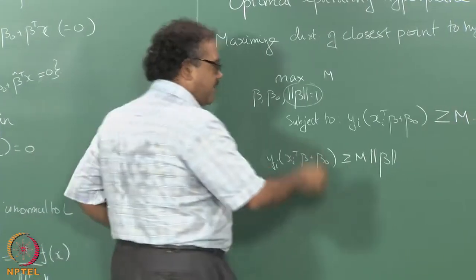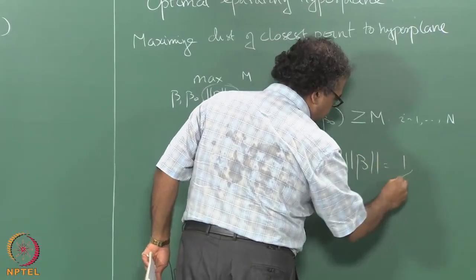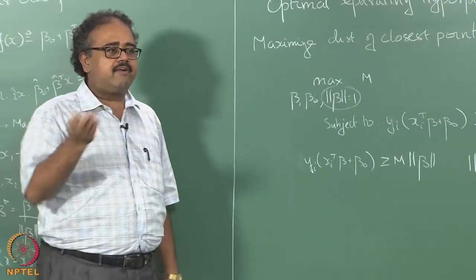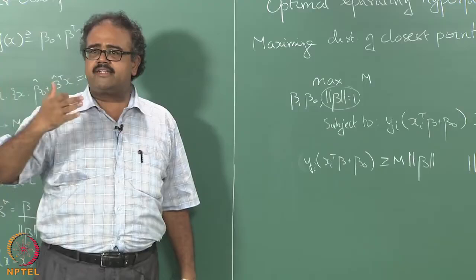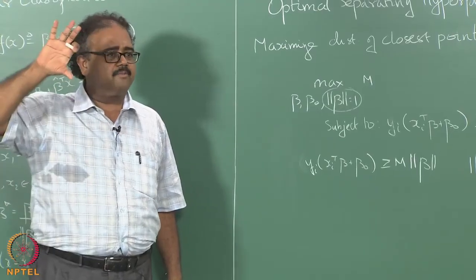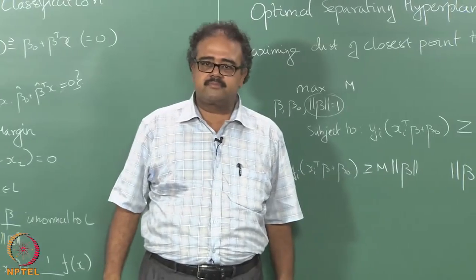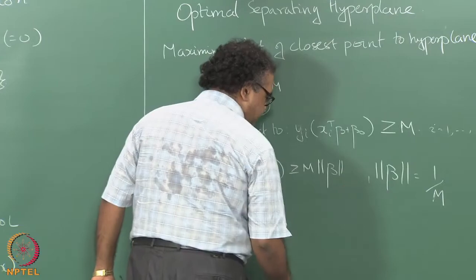So I can arbitrarily set the scale of beta, right. I still have to find out the direction of orientation of the beta. I am just saying that whatever orientation of the beta you pick, you normalize it so that the norm of beta is 1 by m. Okay. So now what happens if I set that?